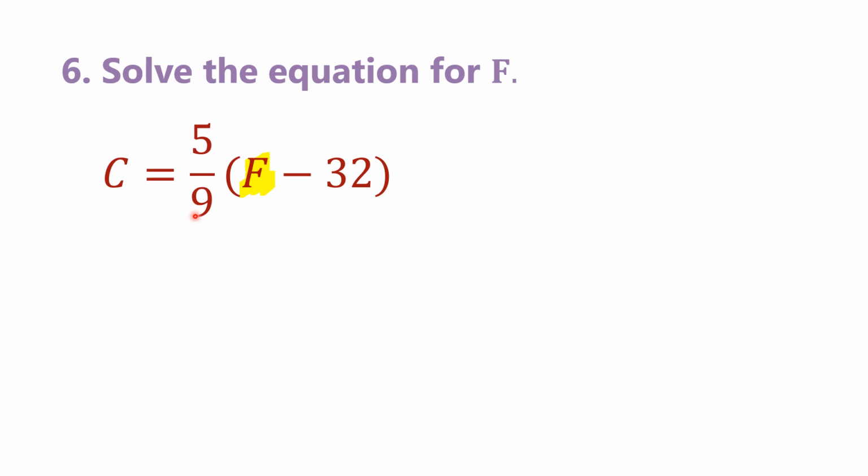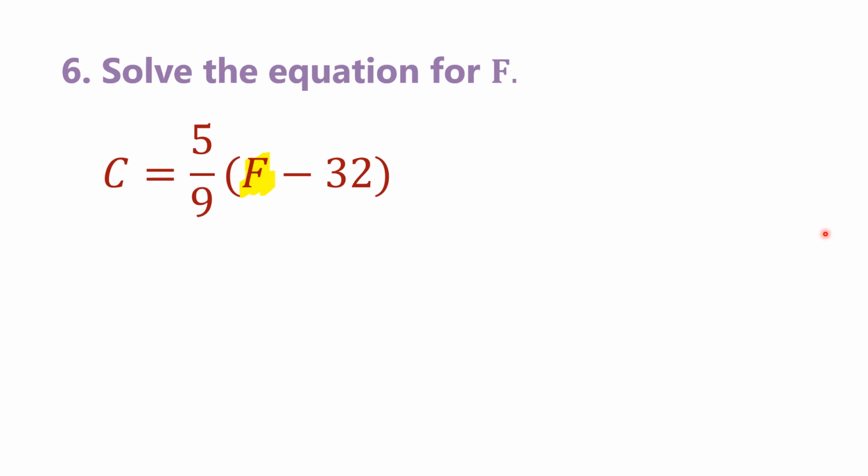The barrier right now is this 5 over 9 in the front. So how do we get rid of 5 over 9? How can we move it to the other side so that we can get F by itself? What could we do to get rid of 5 over 9?